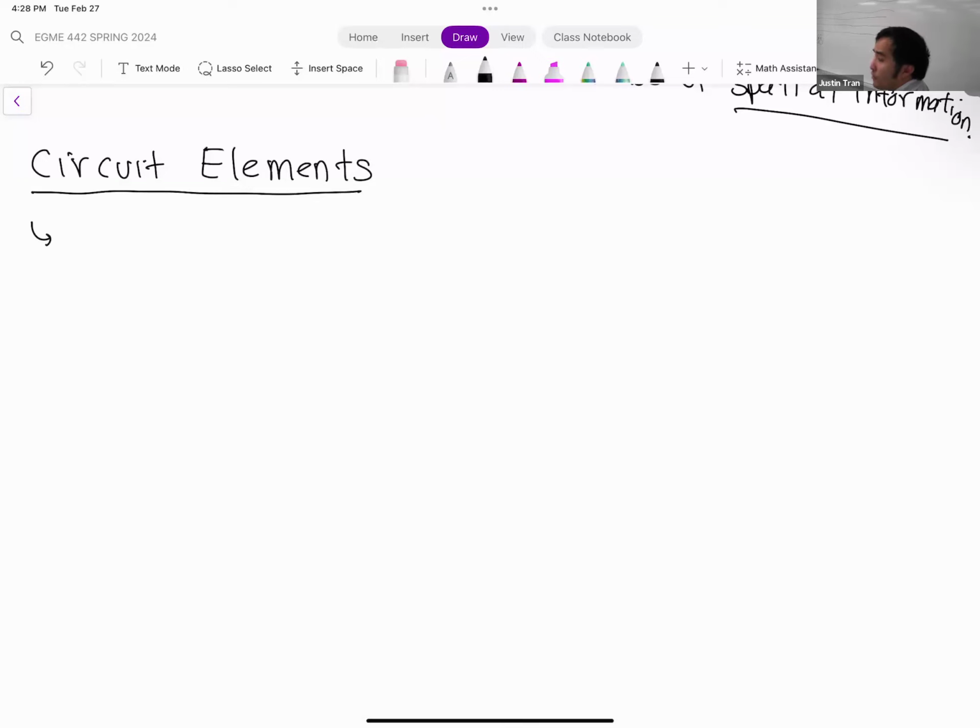All different types of circuit elements are employed here, including the basic ones like resistors, capacitors, inductors, and more complicated ones like diodes, op amps, things like that. All of those have a physical meaning. For this class, we're mostly going to limit ourselves to the basic elements.